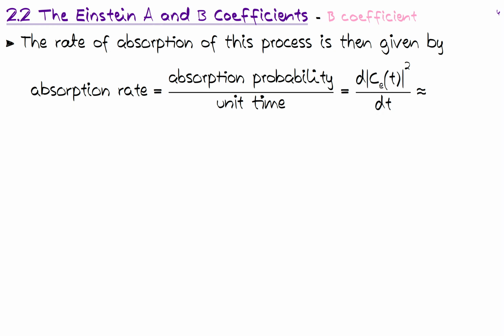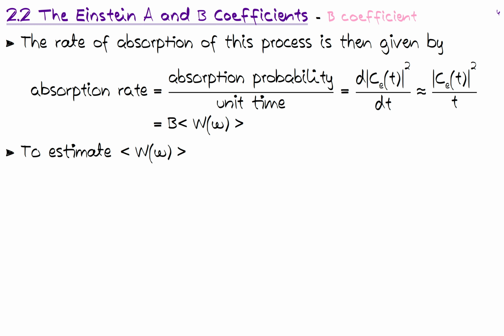We can make a linear approximation of that time derivative. So it depends on the inverse of time and on the square modulus of the C_e expansion coefficient, and this is equal to Einstein's coefficient times the radiative energy density inside the material.